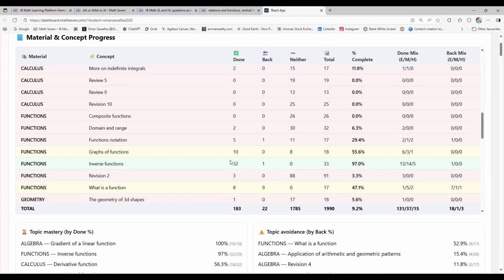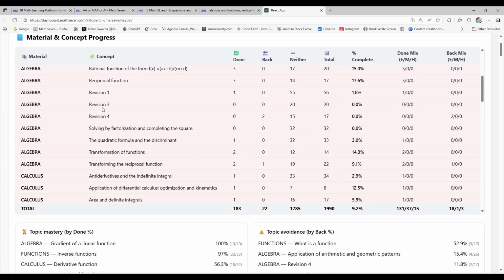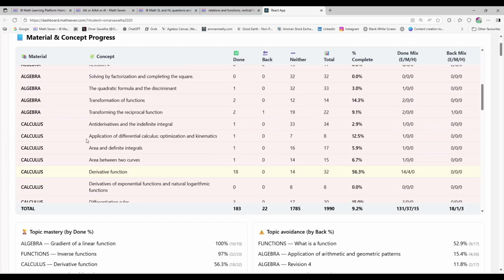And here it shows, for example, in algebra revision, or say calculus application of differential calculus, there are 8 questions in total to practice. The student practiced on one of them and marked it done. 0 marked I'll be back, and 7 he or she did not look at all. So 12.5% is the accomplishment of this concept.